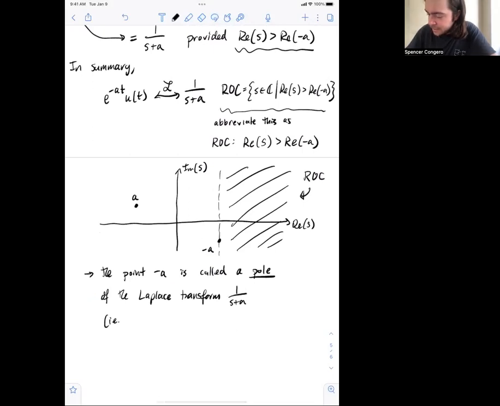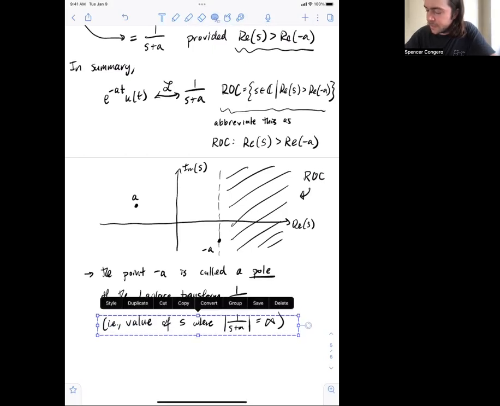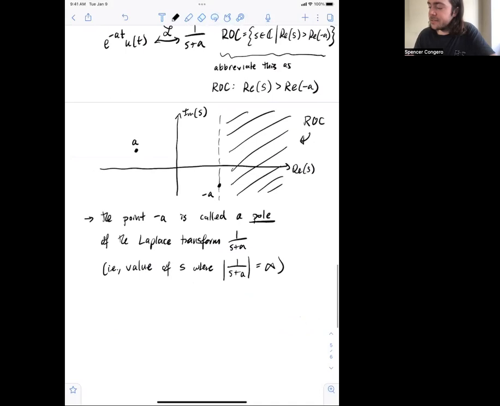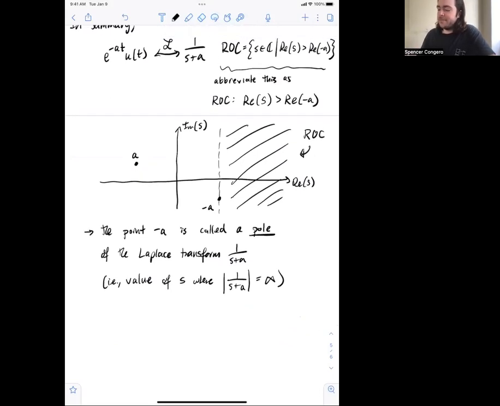A pole is, in other words, a value of s where the magnitude of the Laplace transform is infinity. It's somewhere where the Laplace transform blows up. You can see if I plug in s equals negative a, the denominator is 0, and so that goes to infinity. So this is our first example of a Laplace transform. Here's the Laplace transform, and we also found the region of convergence. Both are very important.